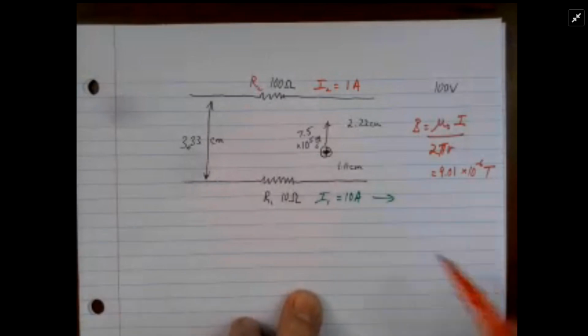And now the direction here, I chose the current going to the right. So by the right-hand rule, this is going to have the current going to the right and the magnetic field going into the page.